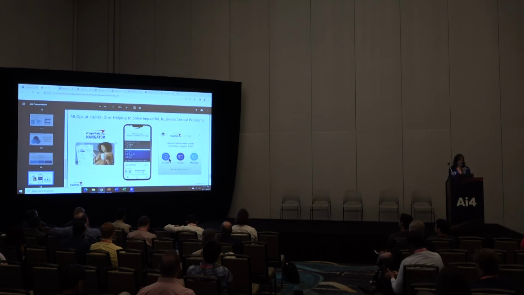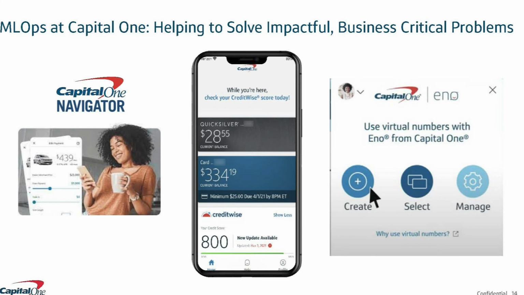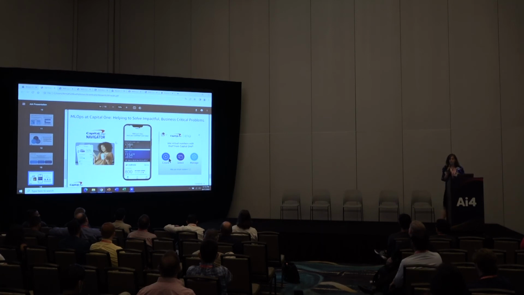I think the final thing that I will leave you with is that being in a large organization like Capital One, you have the ability to see the work you're doing help solve really impactful, critical business problems, right? You think about virtual card numbers to help protect you from fraud, CreditWise, which allows people to have more information and really take charge of their financial future.